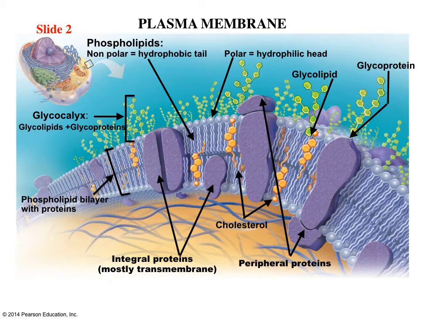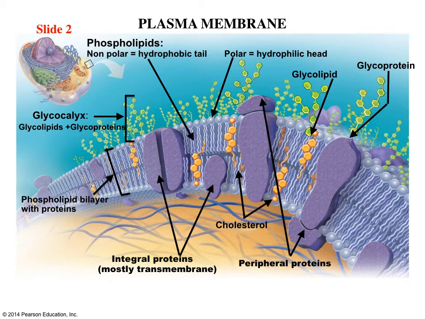In this diagram, you can see that within the plasma membrane are two layers of phospholipids, which contain a polar hydrophilic or water-loving structure, which faces the external and internal liquid environments, and a nonpolar hydrophobic or water-hating area, and that faces towards the interior of the plasma membrane.